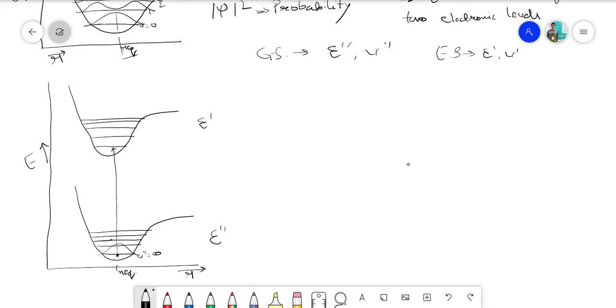The upper curve is, you can say, shifted.